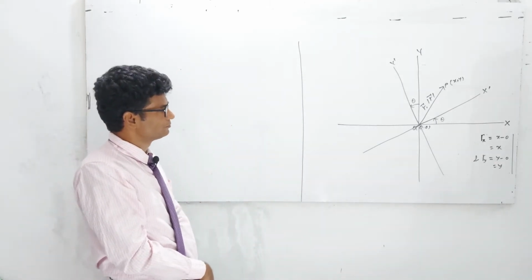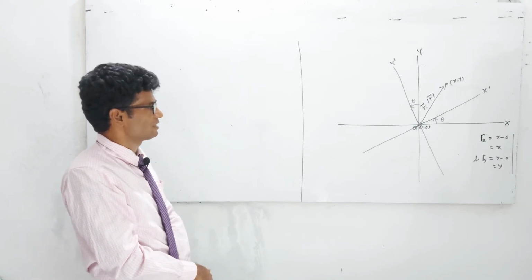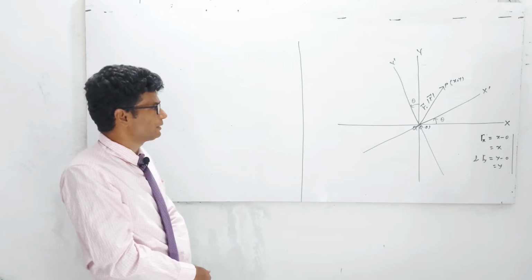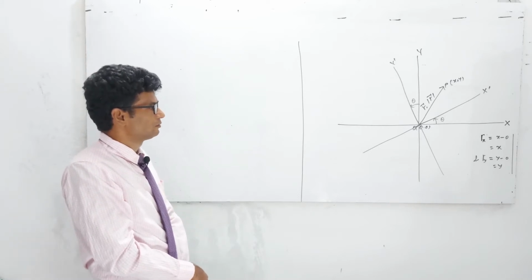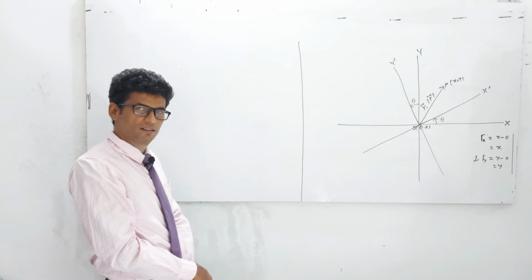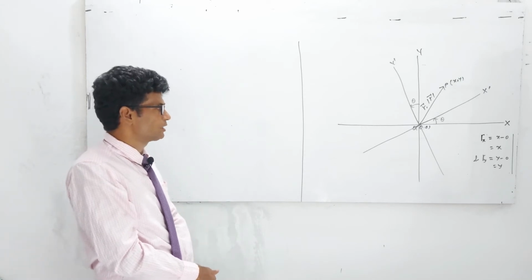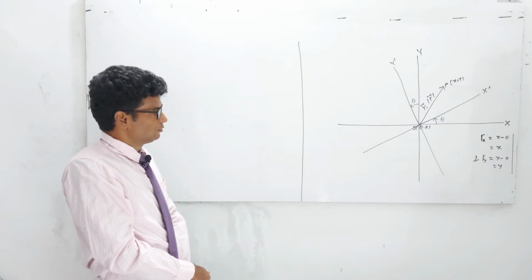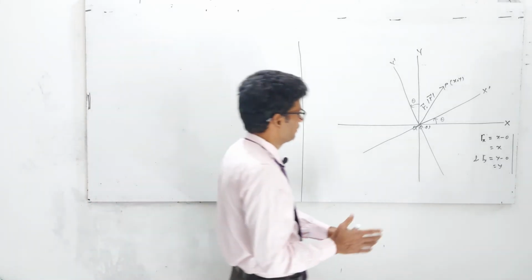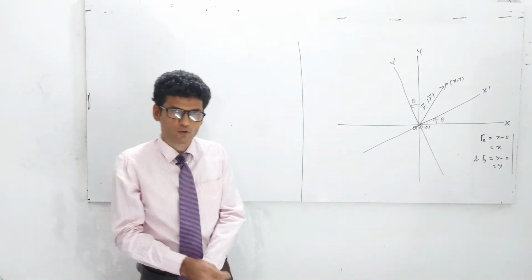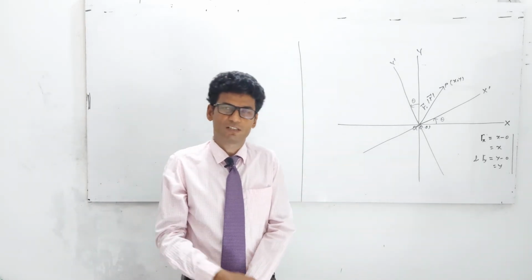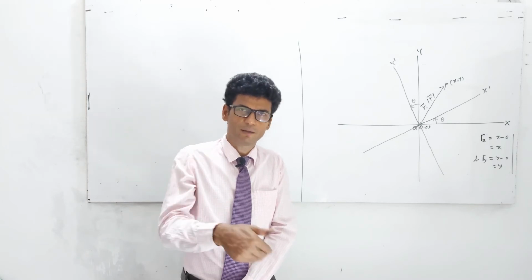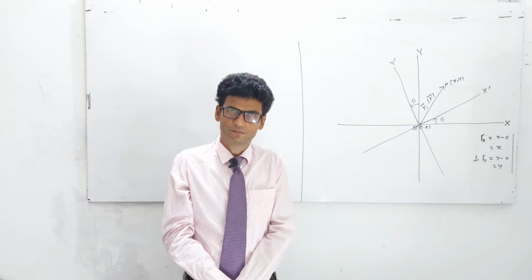Now here x, y are taken as the x coordinate of the point P or abscissa, and y as the y coordinate of the point P or ordinate. So, just for the sake of revision, what is the x component, y component of a given vector?